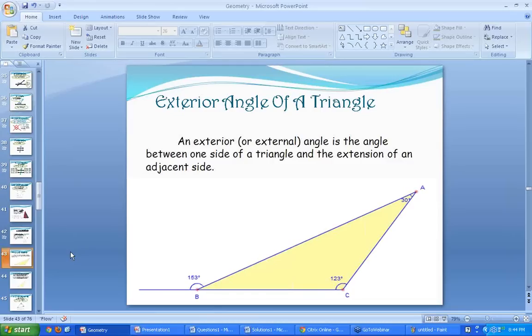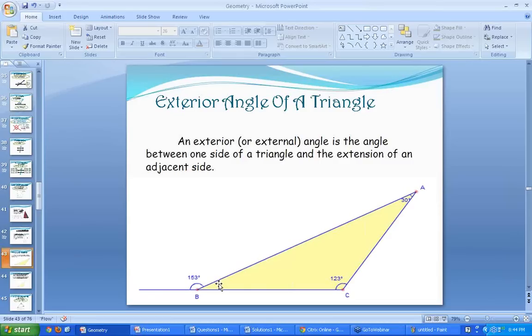Now, the exterior angle of a triangle is formed by extending any one side of a triangle. That will be the exterior angle, and the exterior angle is equal to the sum of the opposite two angles. Why? Because in this figure, 153 degrees is written here.